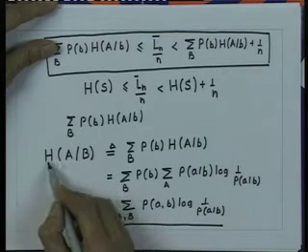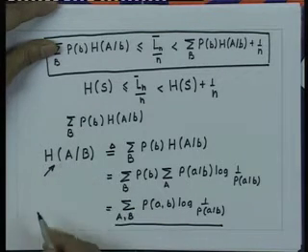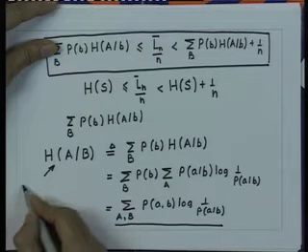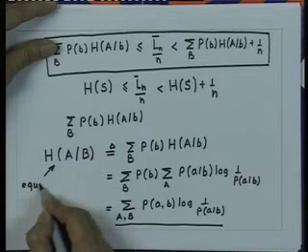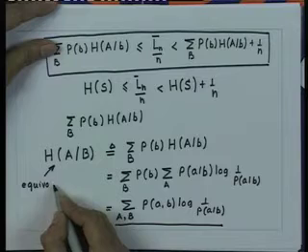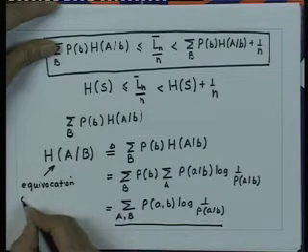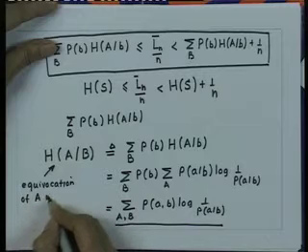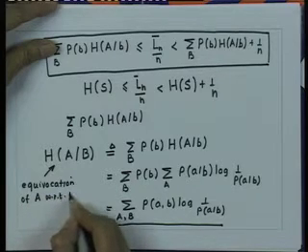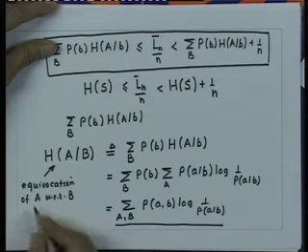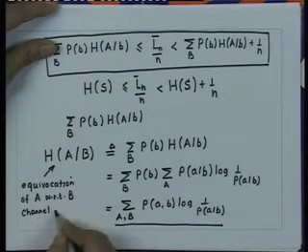Now, this H(A|B) in literature is called the equivocation of A with respect to B, or sometimes it is also called channel equivocation.